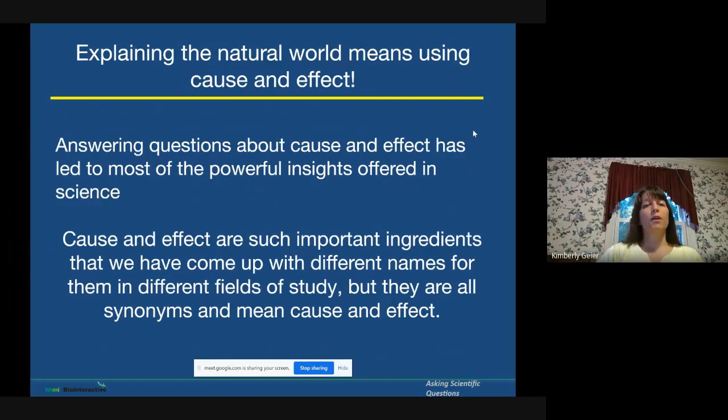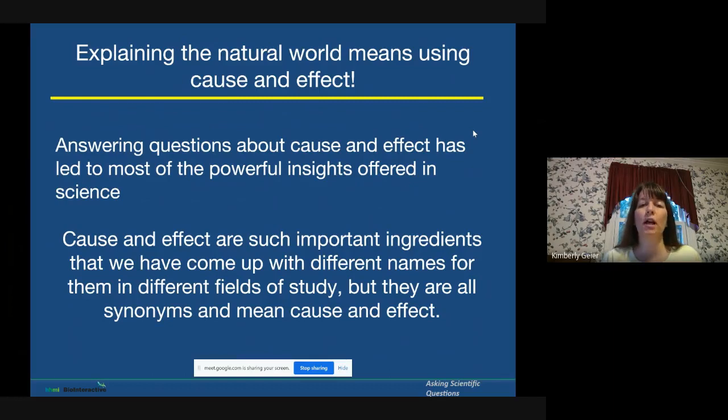Explaining our natural world means we're going to be working with cause and effect. And maybe you already started to think about cause and effect as you were thinking about what science is. Science is trying to figure out what causes the things that we see in the world.